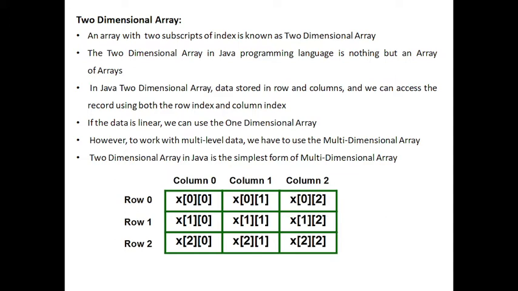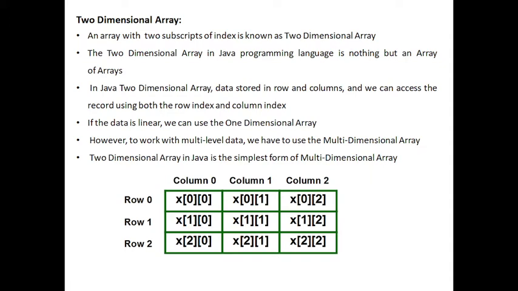Here you can observe this is one row, this is another row, and another. There are three rows and three columns. It means this array is capable of storing 9 elements.